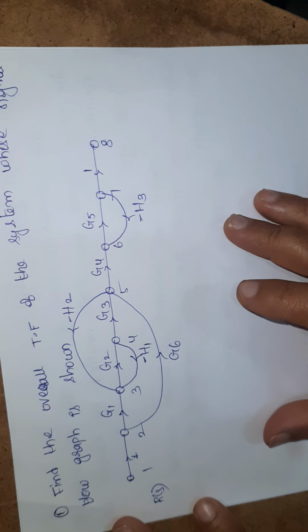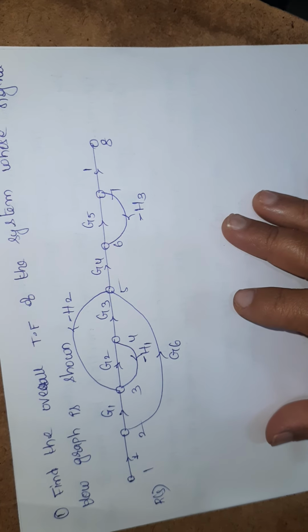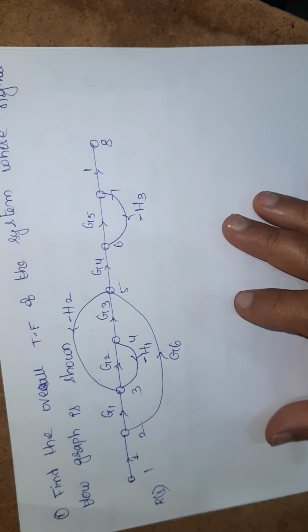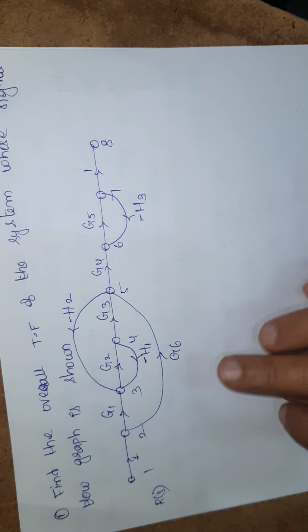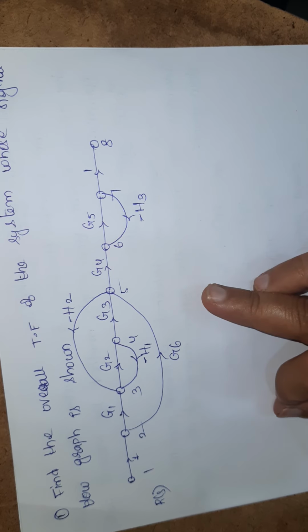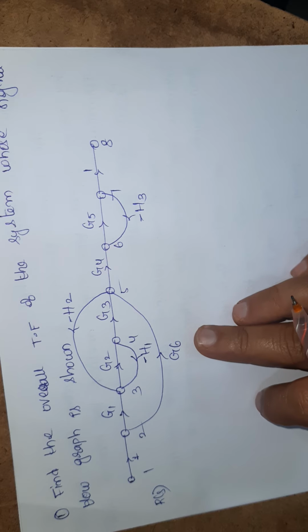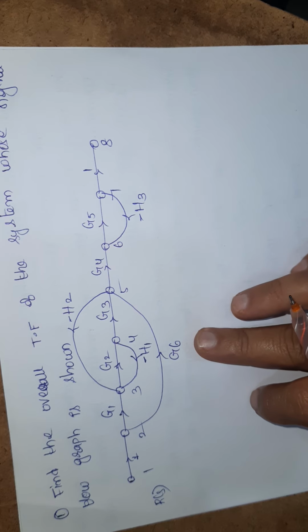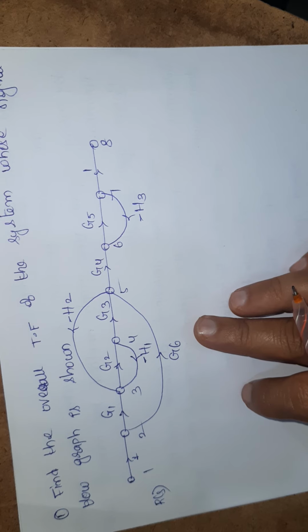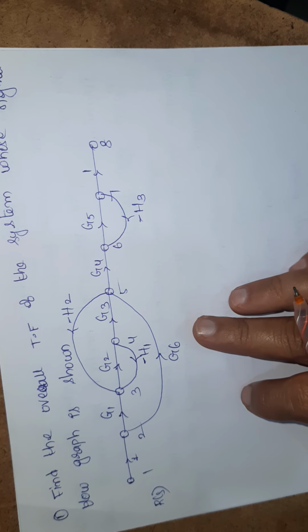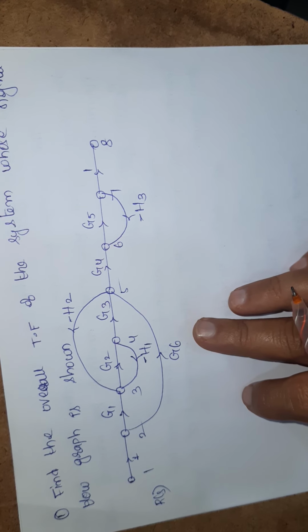So for this problem we have to calculate the transfer function by using signal flow graph method. By observing the diagram itself, it is a signal flow graph. It is not a block diagram. So for this signal flow graph we have to calculate the transfer function by using Mason's gain formula.